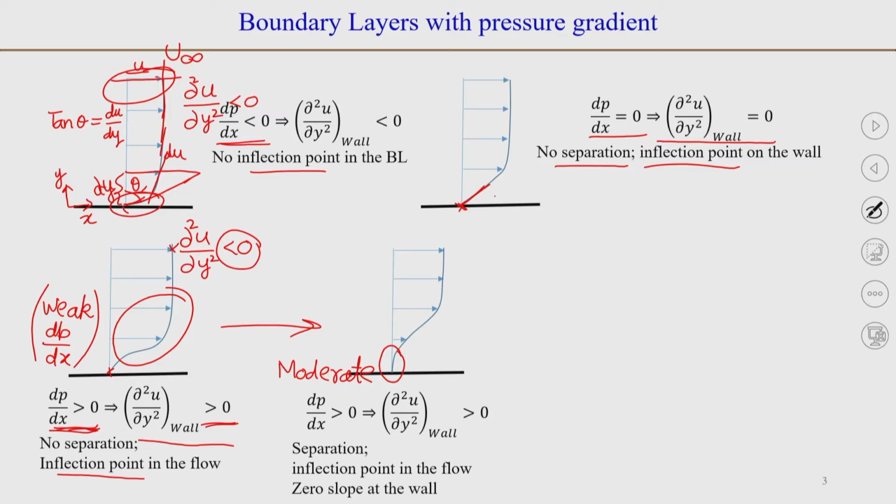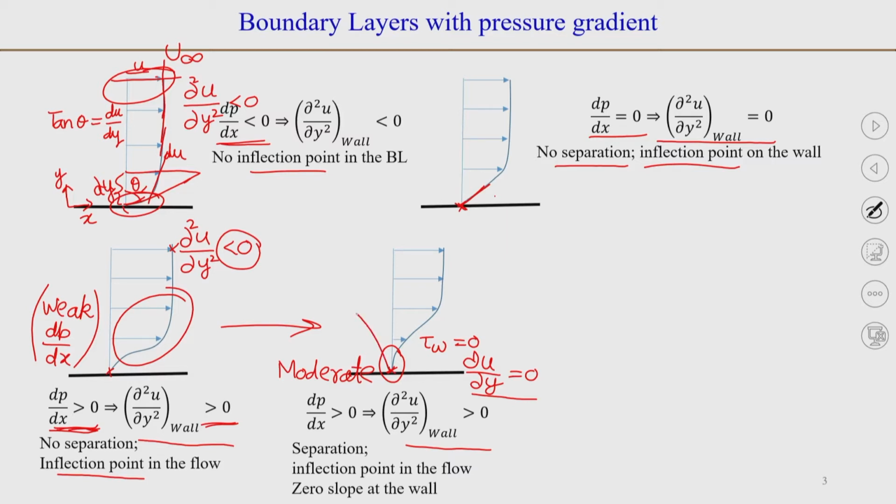So, you have tau w becoming 0, theta is 0, that means dou u by dou y is equal to 0. So, again the second derivative is positive, du by dy is 0 at this point, and that is when you will have the flow separation starting.